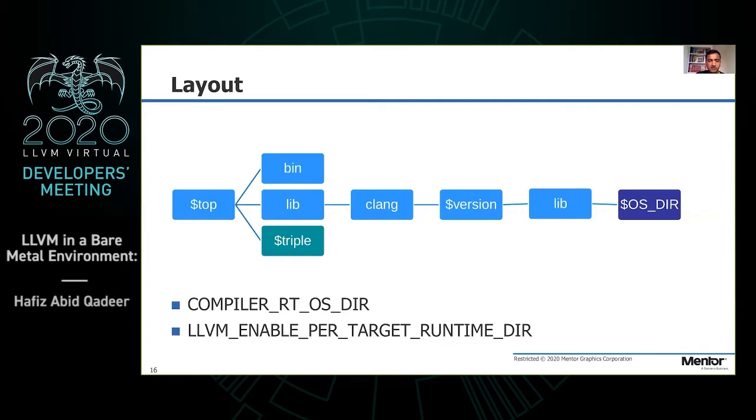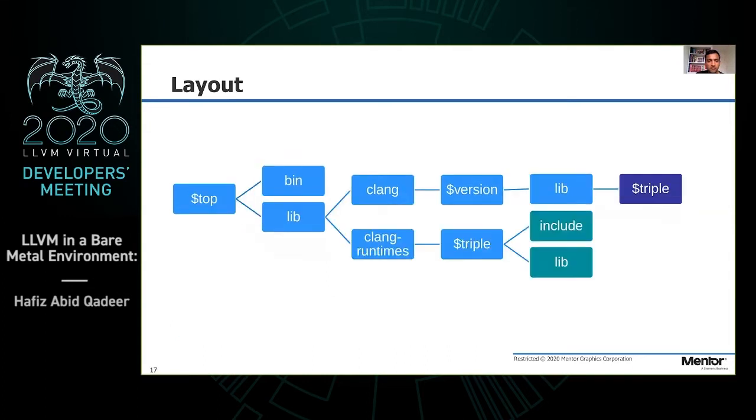So in the next slide, I will show the layout that I was using instead. So for compiler-rt, instead of the OS directory, I was naming the directory after the target triple. I think it will be a much cleaner solution.